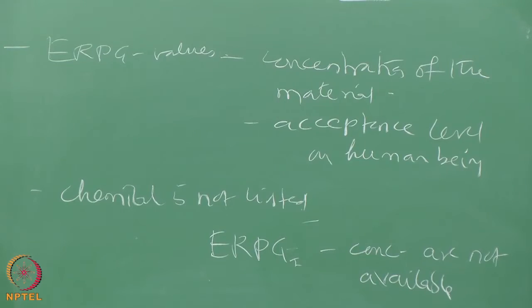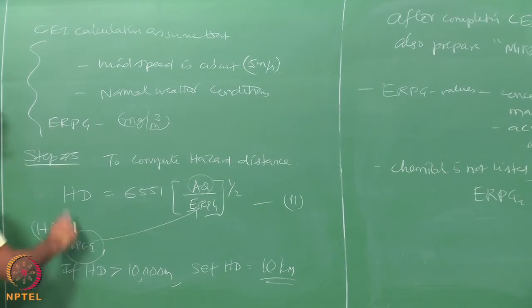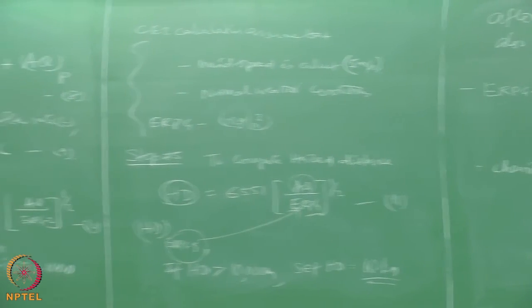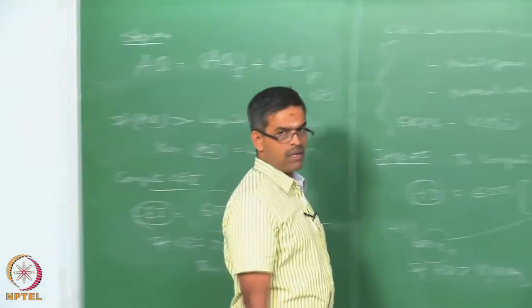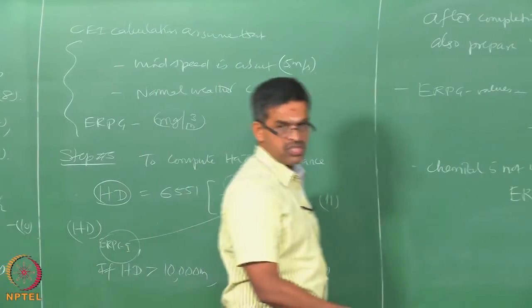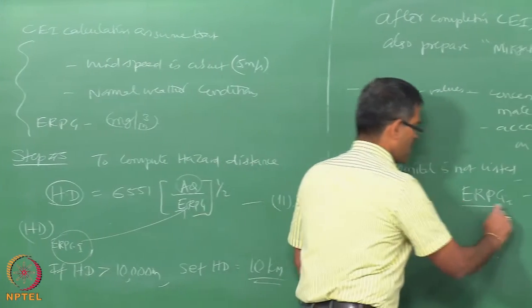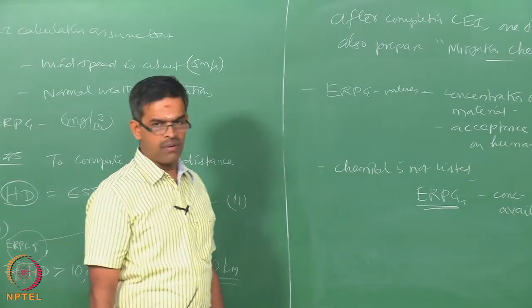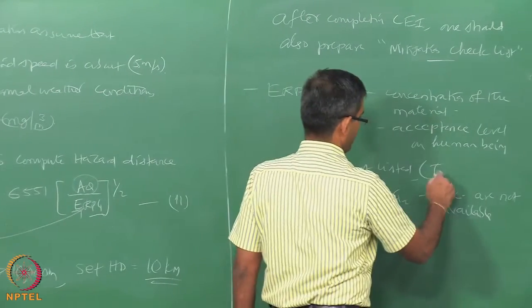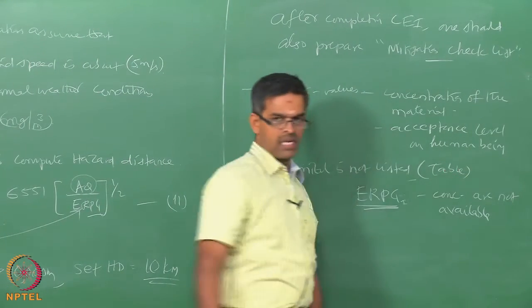In that case what do you do? Because without knowing the ERPG concentration, you can neither calculate the hazard distance nor the chemical exposure index, because you need the value. There may be certain chemicals, certain mixtures, certain compositions whose ERPG concentration values may not be listed in the table or in the handbook. In that case what do you do?